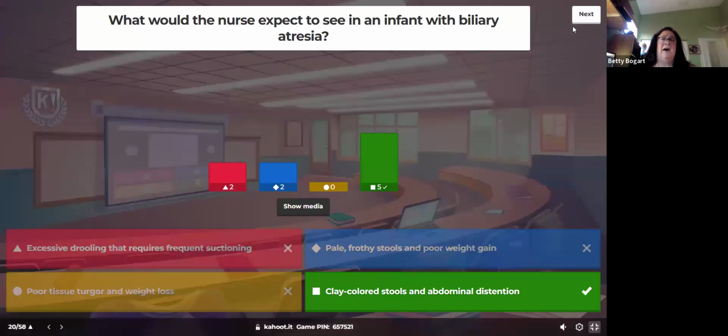So you're not digesting fat. We're going to see the clog up with the bile. You're going to see this child turning jaundiced, the skin and the eyes, but there's no color in the stool. So it's clay colored stools. And not digesting fat, you're going to see gas, and this is abdominal distension. That's how you see it.